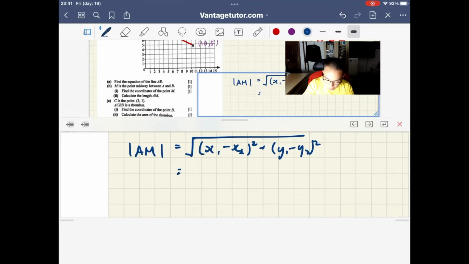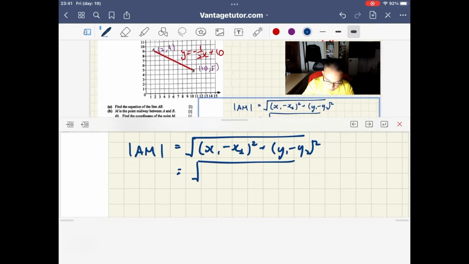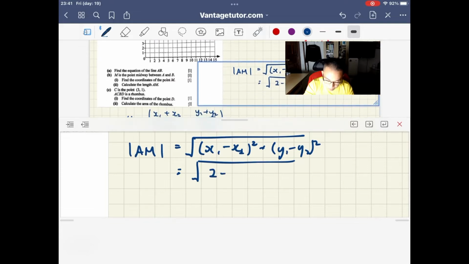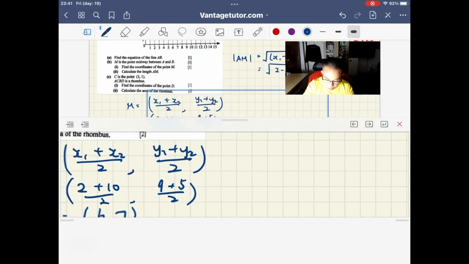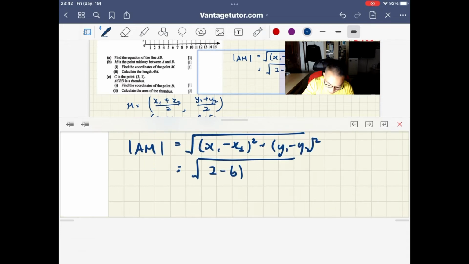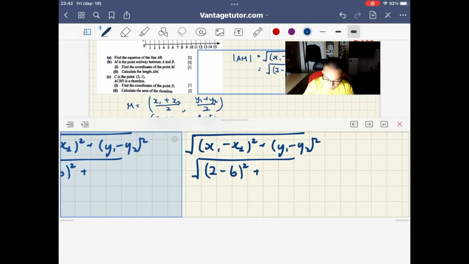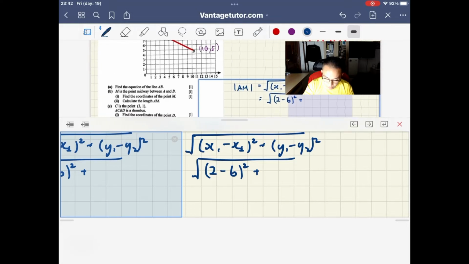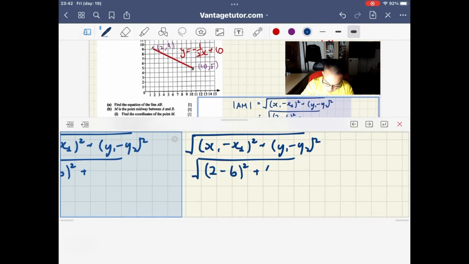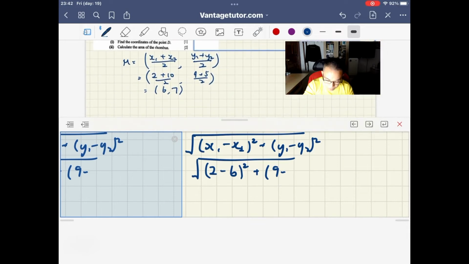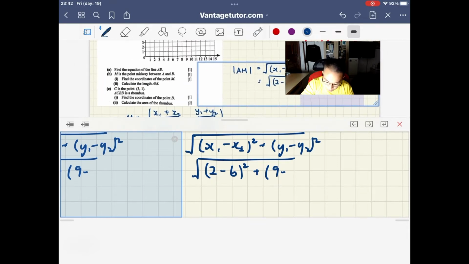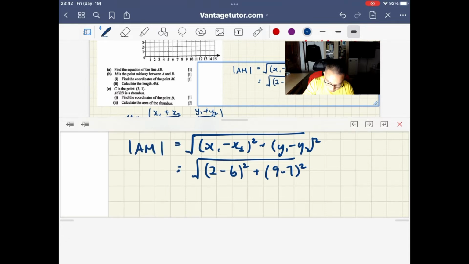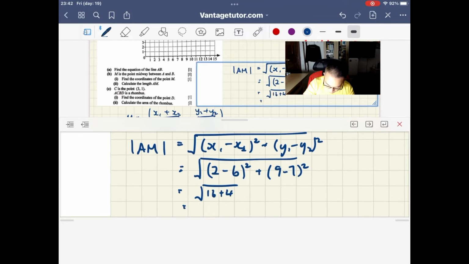Now I just need to substitute my values, square root. A is 2 minus my M, which is 6, 6 square plus what's my other point, which is 9 minus 7 square, equals the square root of 16 plus 4, which is just square root 20.